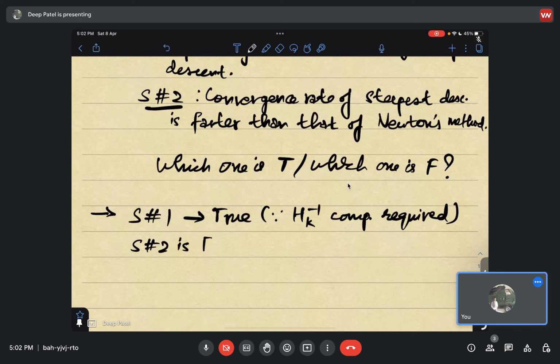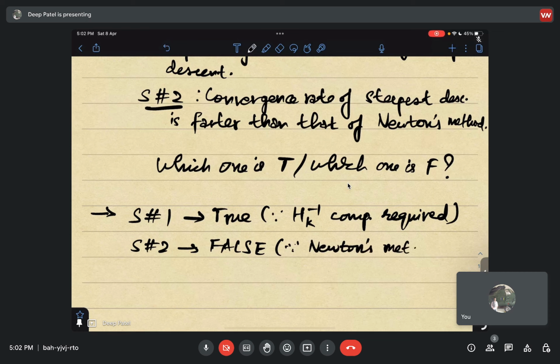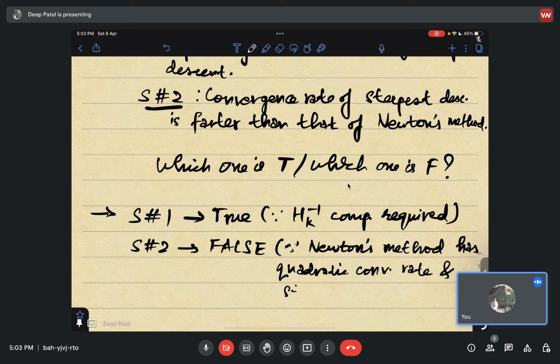Statement 2 is false. We didn't see the proof yet, but Newton's method has a quadratic convergence rate, whereas steepest descent we saw, it is a linear convergence rate.